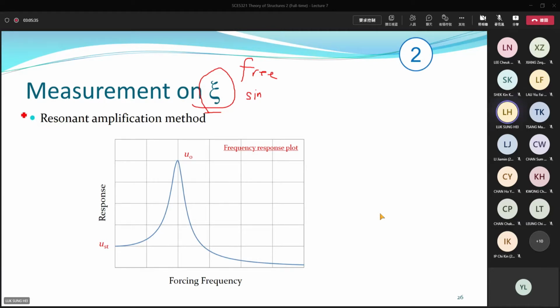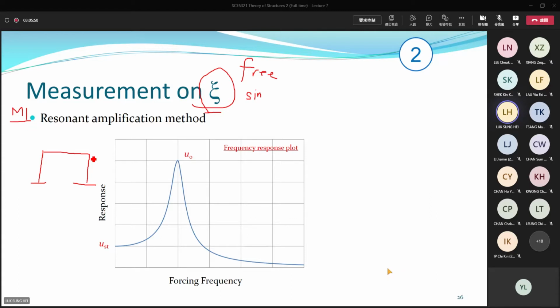The first one, method 1, we call the resonance amplification method. How to do so? Suppose you have a structure and you want to evaluate its damping ratio.